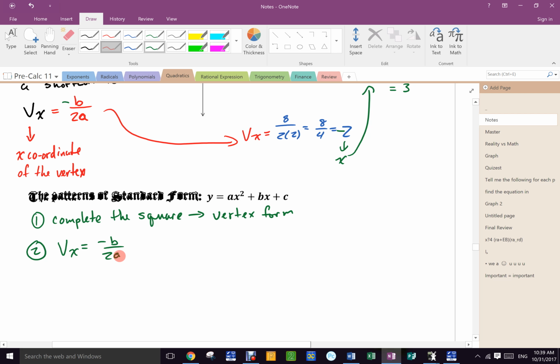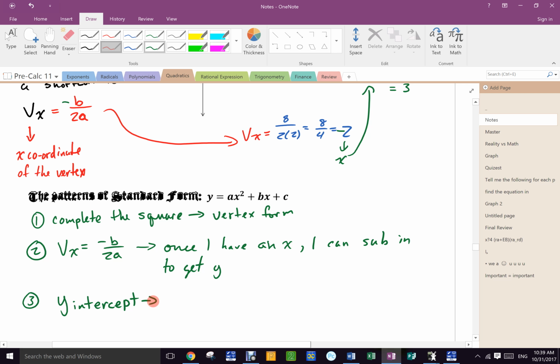Negative b over 2a. Once I have that, once I have an x, what can I do? I can sub in to get y. And there's one other thing I can get here, right from this. I can get the y-intercept.